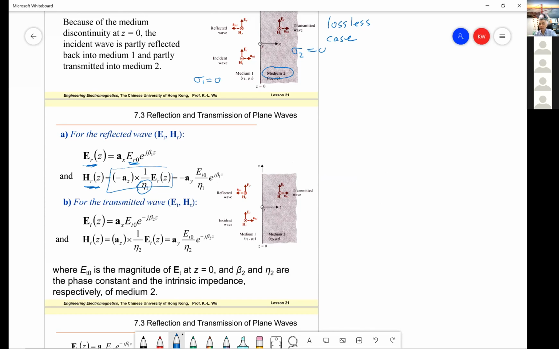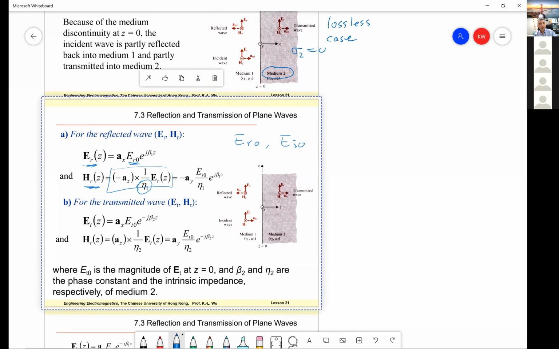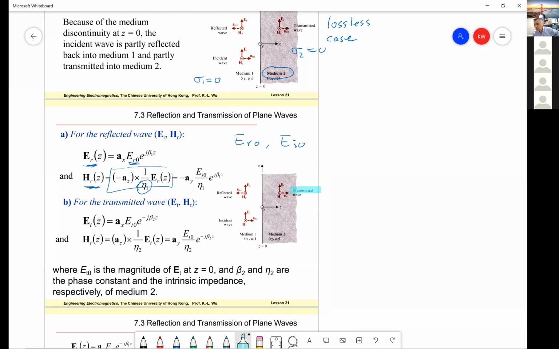Now we have the mathematical description of the incident wave and the reflected wave. Now we need to determine the relation between the magnitude of the incident wave and the magnitude of the reflected wave. Because this is a dielectric, while we expect a reflected wave, we also expect some of the wave to propagate into the other half space. We call this the transmitted wave.